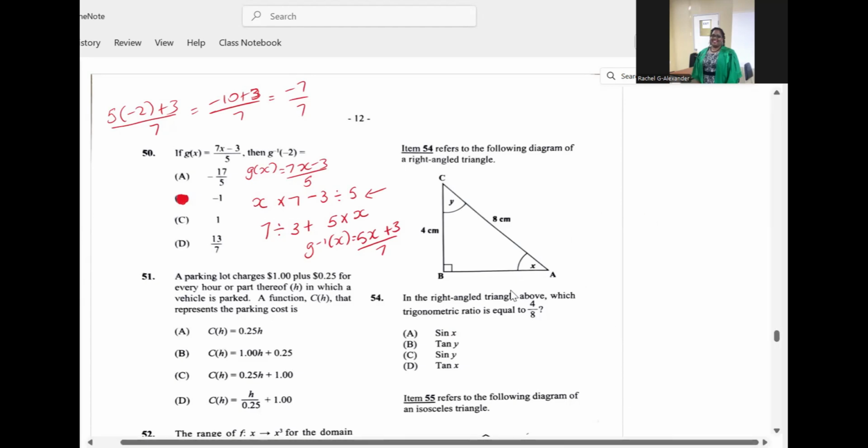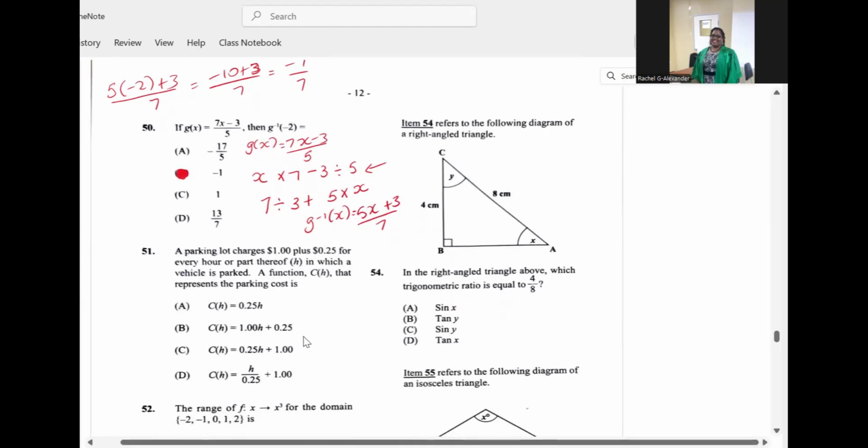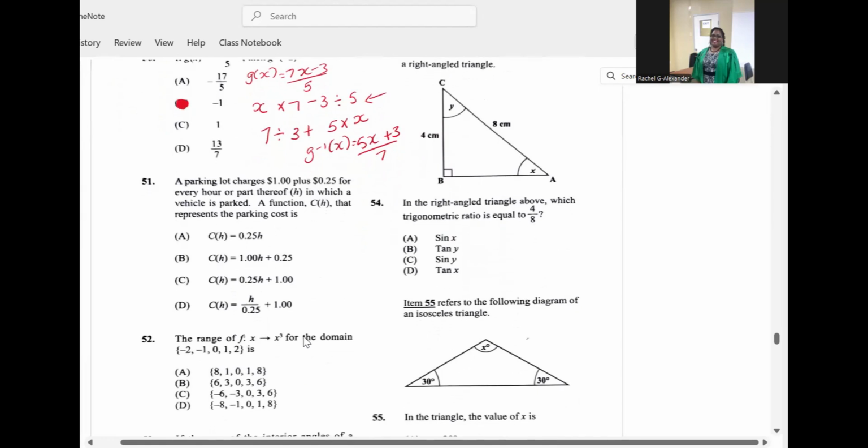51. Our parking lot charges $1 plus 25 cents for every hour or part thereof in which a vehicle is parked. The function C of H that represents the parking cost is what?